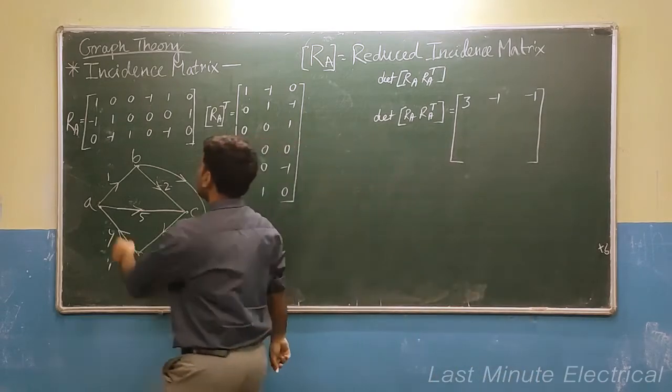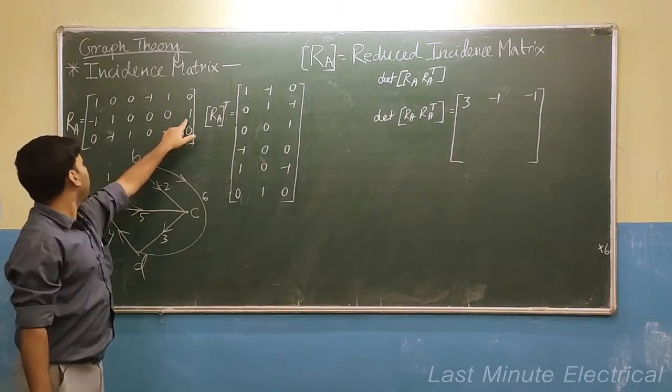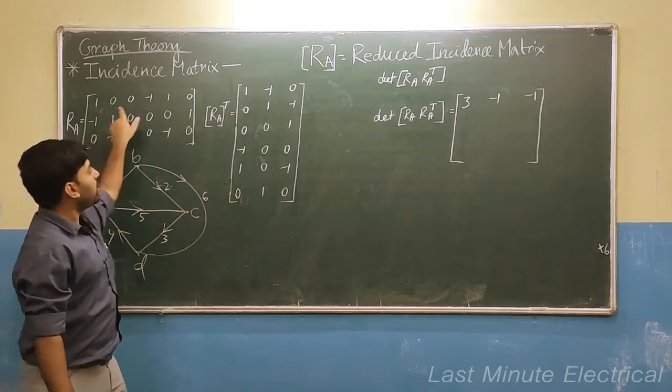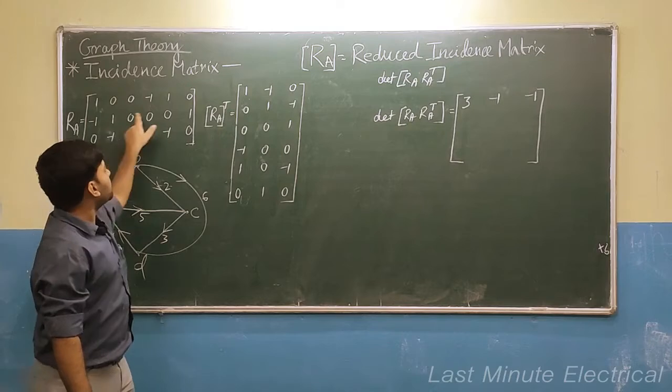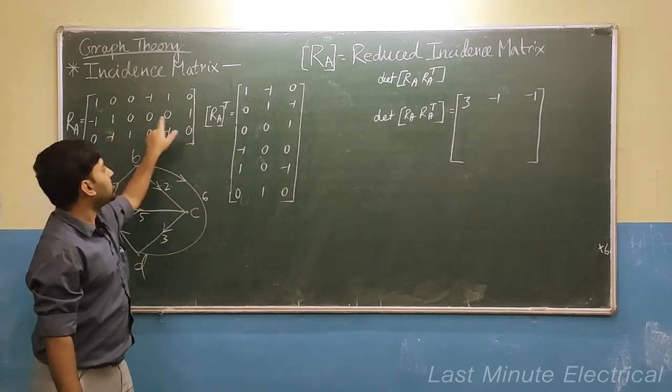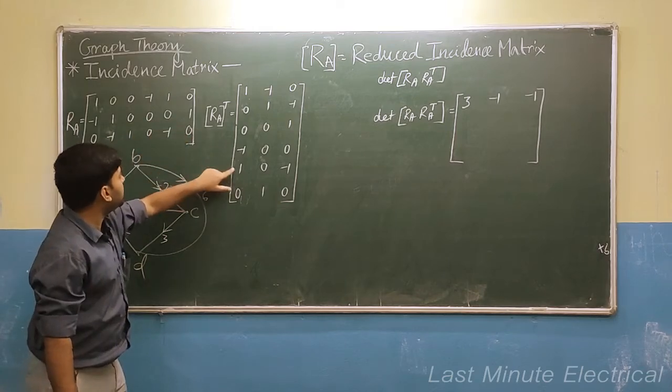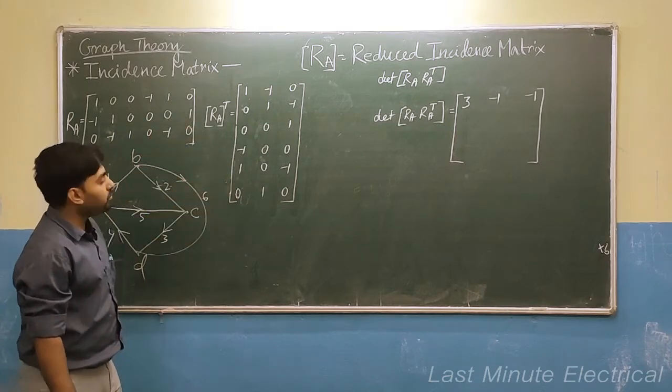Now, consider the second row and the first column. So, minus 1 into 1, minus 1 plus minus 1 into 0 plus 0 into 0 plus 0 into minus 1 plus 0 into 0 plus 1 into minus 1 into 0.